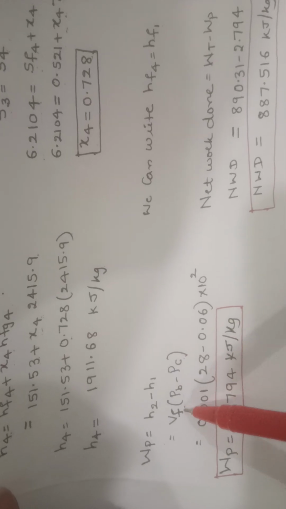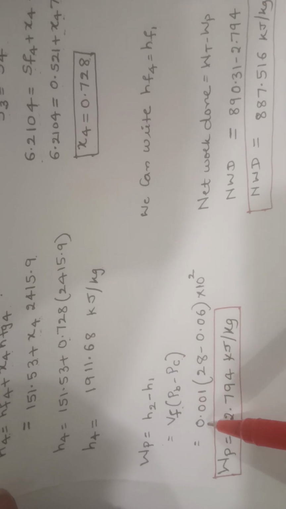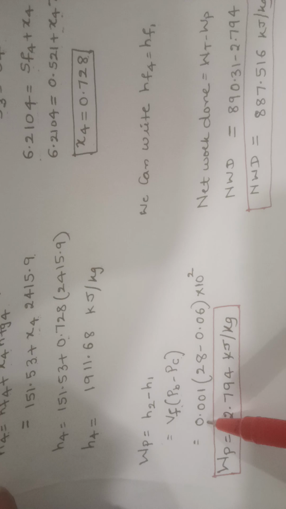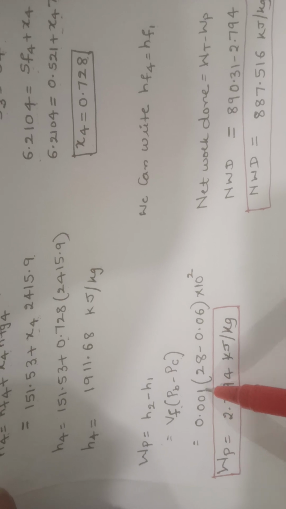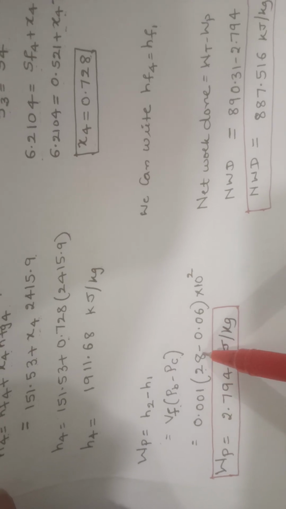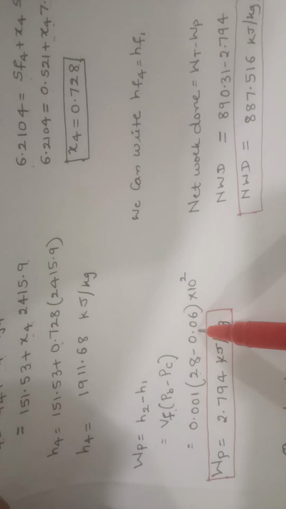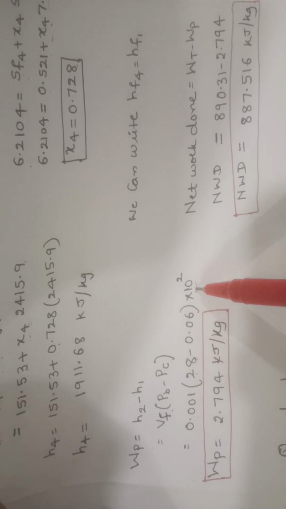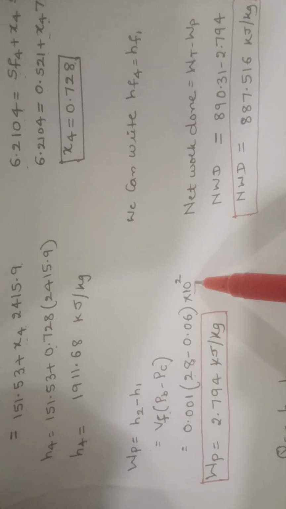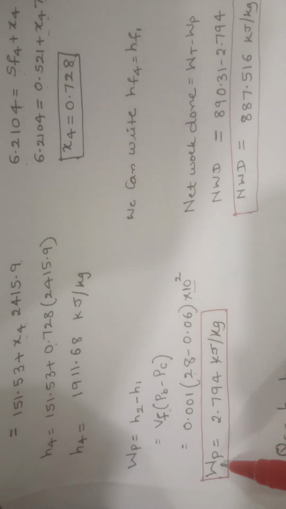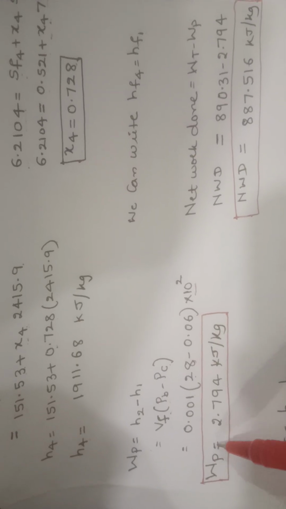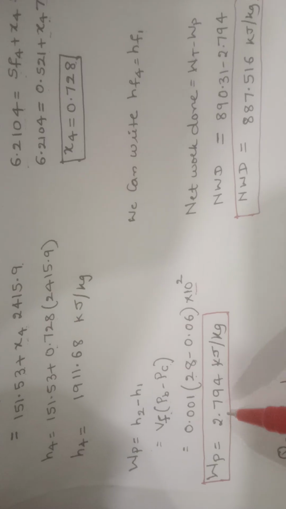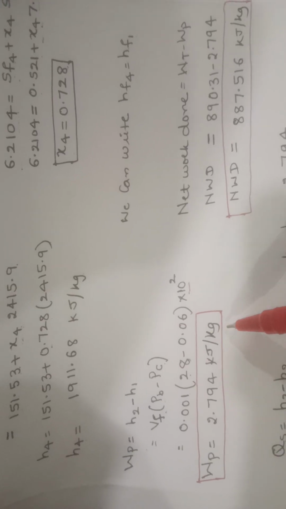So this Vf value we have taken from the steam table only, again at 0.06 bar, which is 0.001. This Pb is 28 bar he has given. Pc condenser pressure is 0.06 into 10 to the power 2, because we have converted this bar into kilopascal. So by solving this we have got work input to the pump as 2.794 kilojoules per kg.